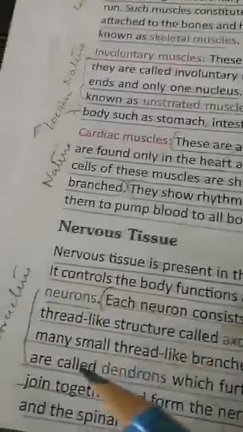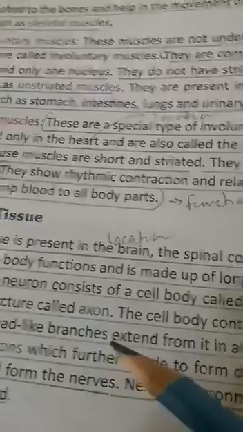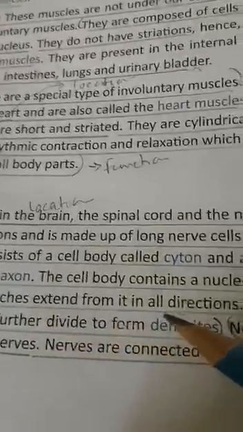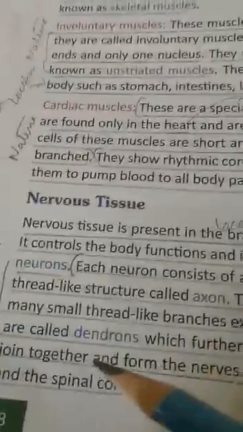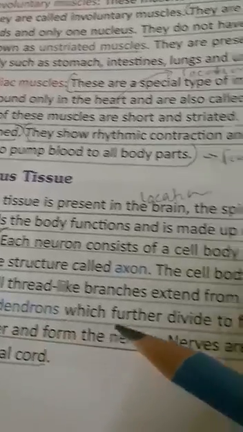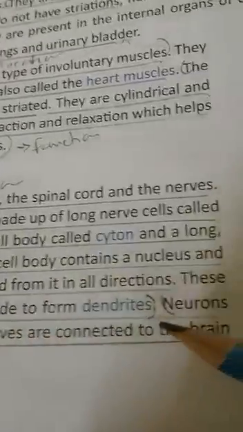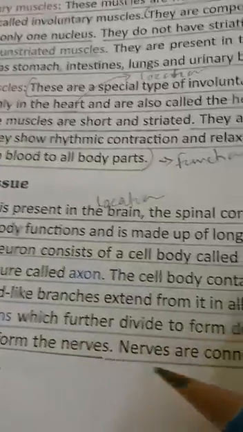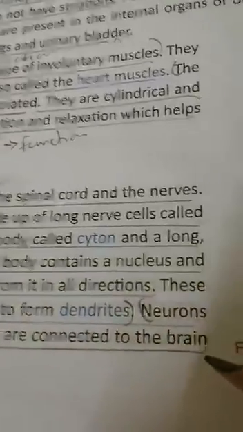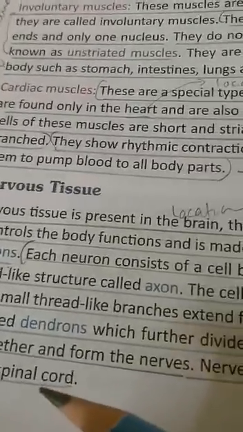The cell body contains a nucleus and many small thread-like branches extend from it in all directions. These are called dendrons, which further divide to form dendrites. Neurons join together and form the nerves. Nerves are connected to the brain and the spinal cord.